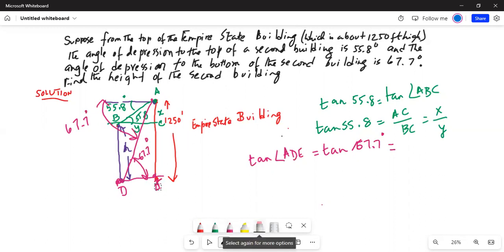I'm calling this point E. I can erase this too, just so there's no confusion. And back here, tangent of 67.7 degrees is equal to AE over DE.